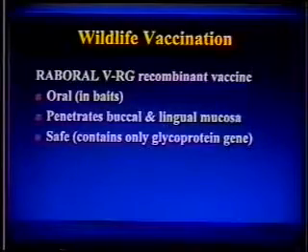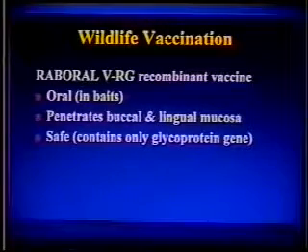For wildlife vaccination, there is a vaccine that has been developed, a recombinant vaccine, directed toward oral inoculation. It is put into a bait for consumption by the target host, and the oral vaccination occurs as a result of this.